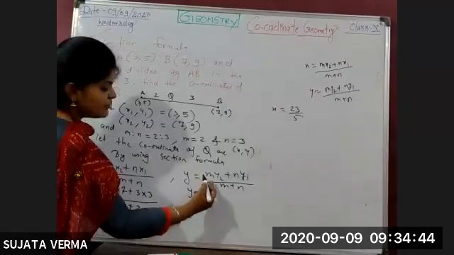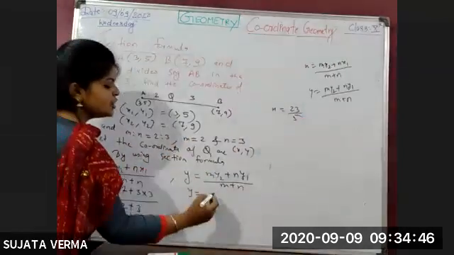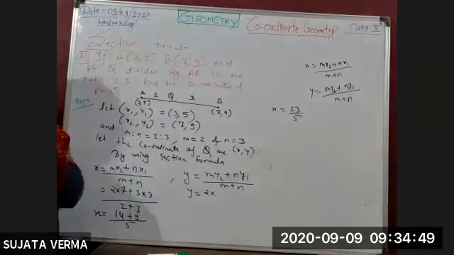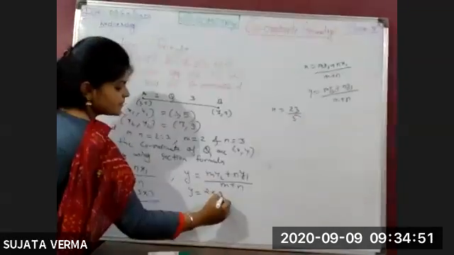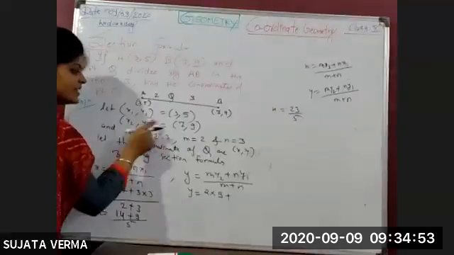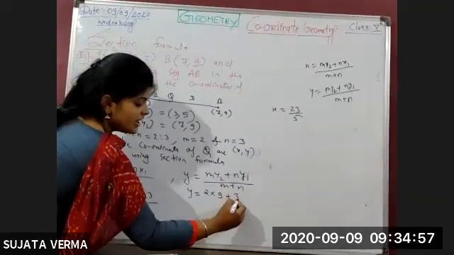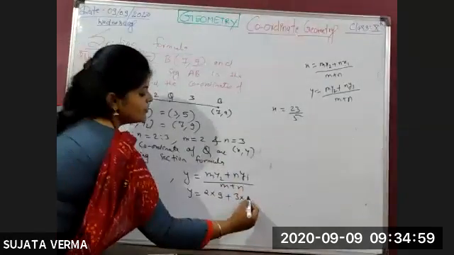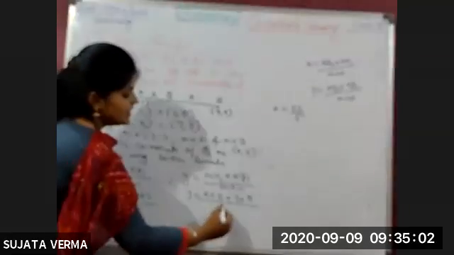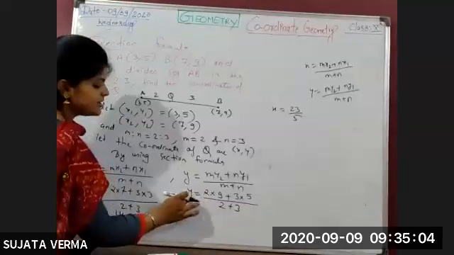Then we solve y. Y is equal to m, which is 2, into y2, which is 9, plus n which is 3 into y1 which is 5, divided by 2 plus 3.